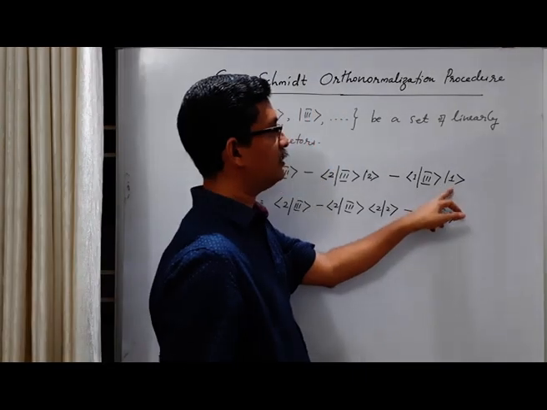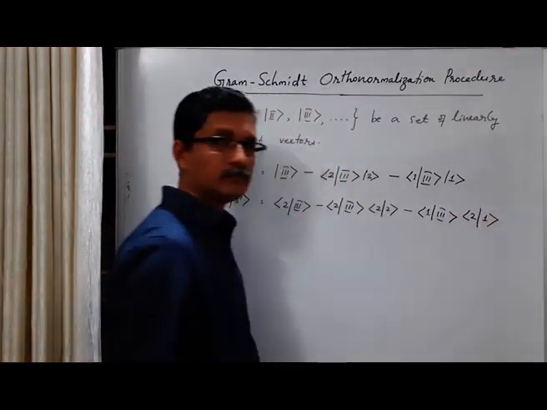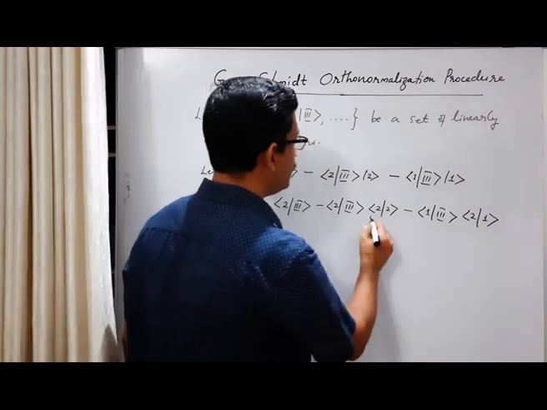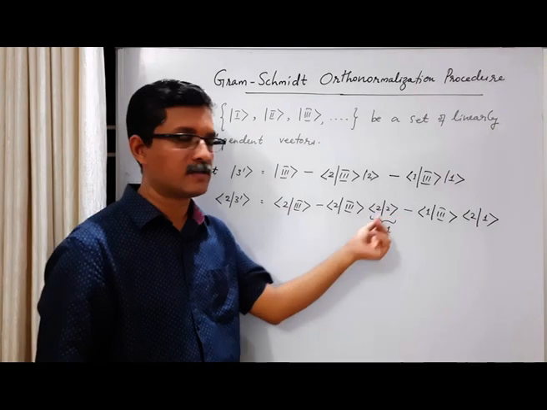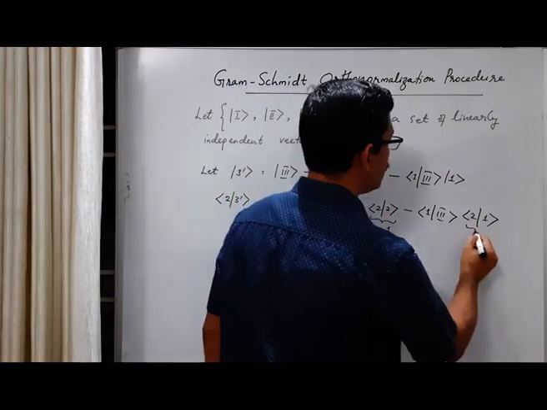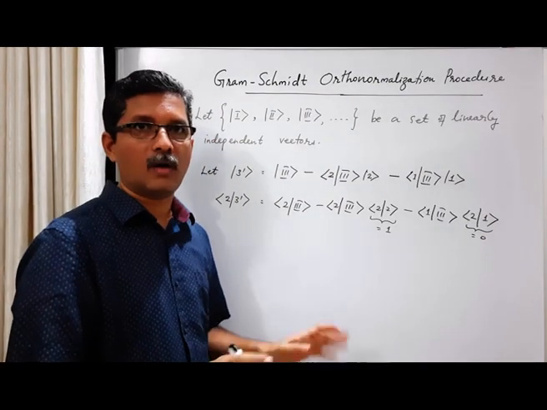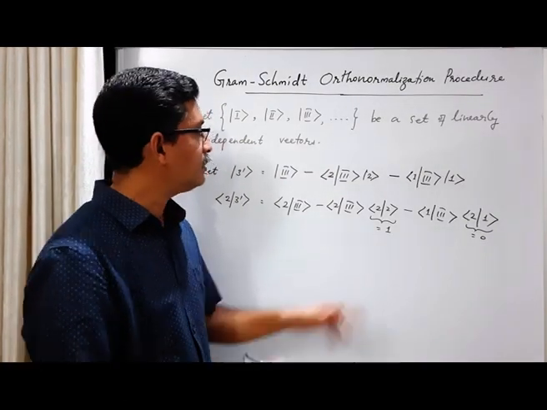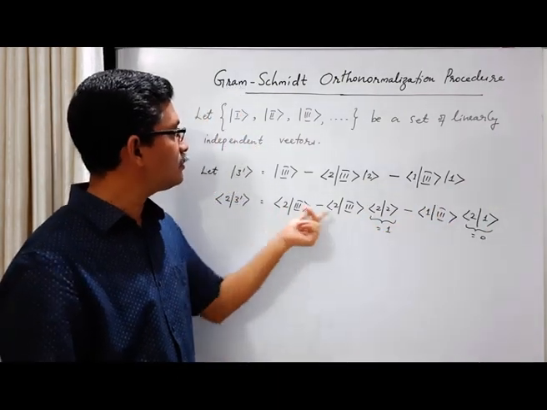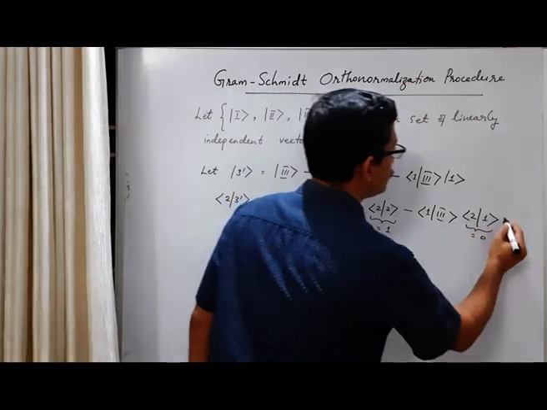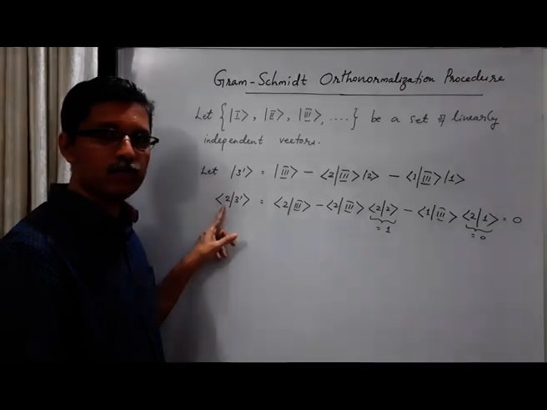You have to take the inner product with this one, so ⟨2|1⟩. Now ⟨2|2⟩ is 1 because our vector |2⟩ is normalized. Now ⟨2|1⟩ is 0 because |2⟩ and |1⟩ are mutually orthogonal. Already we have settled that. So if this is 1 and this is 0, then this term will have no contribution. This is 1, then this minus this will be 0. That means |3'⟩ is now orthogonal to |2⟩.